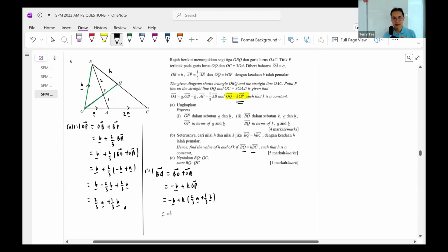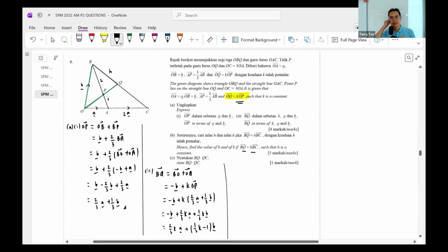Multiply inside: minus B plus 2 over 3KA plus 1 over 3KB. So we're going to factorize the B. Put together your B, so this will be 1 over 3K minus 1 bracket B. That's your BQ.